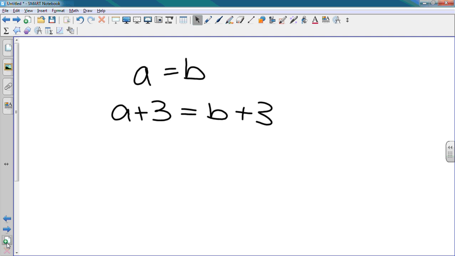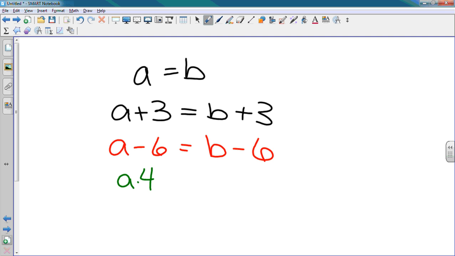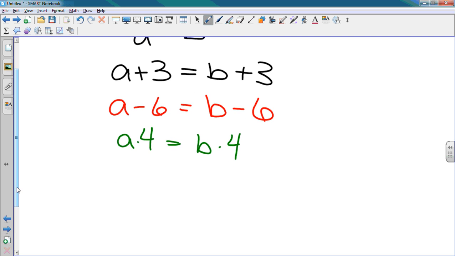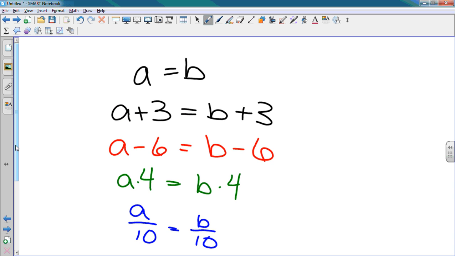I can also say A minus 6 equals B minus 6. Addition, subtraction. What else do you think I could do? Multiplication, division. A times 4 equals B times 4. And last but not least, A divided by 10 equals B divided by 10.